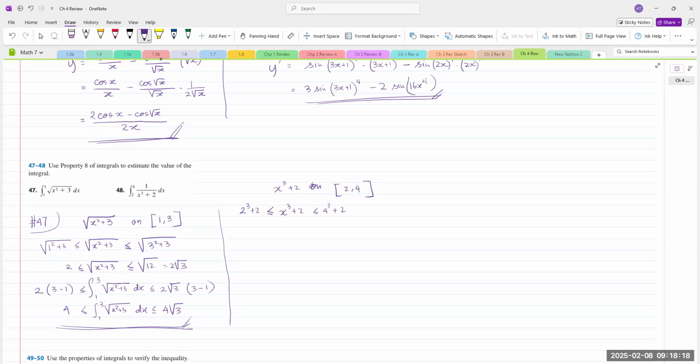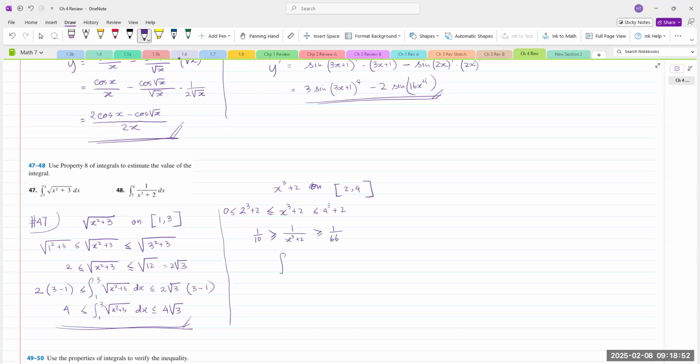But when I do the reciprocal, the inequality is reversed. Note that this is positive, right? So 1 over x cubed plus 2 must be less than or equal to 1 over 8 plus 2, that's 1 over 10, and greater than or equal to 1 over 64 plus 2, 1 over 66.